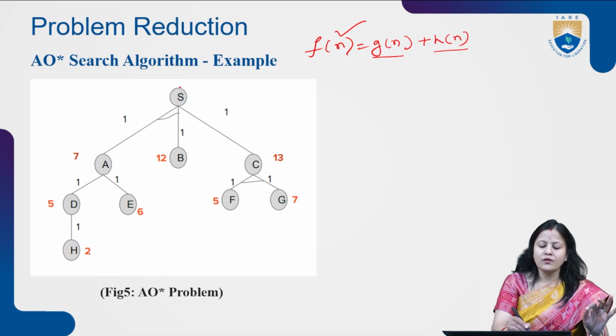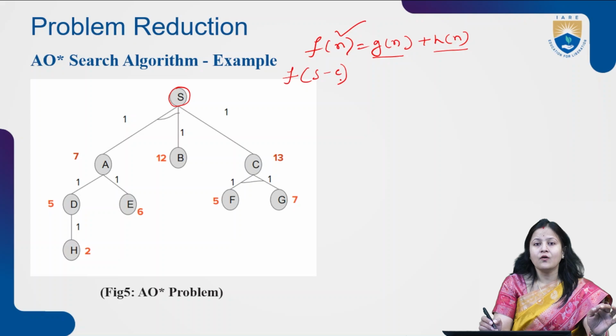Now in this problem we have to achieve S. How to achieve S? As it is given clearly, either we follow the path S to C or we follow the path S to A and B. So let us find the cost of the S to C path. The formula would be G(C) plus H(C). Why am I writing C, why not S to C?